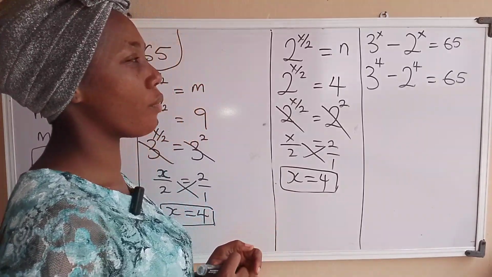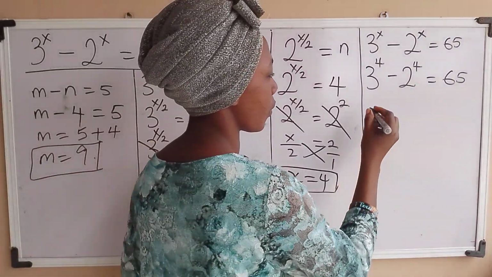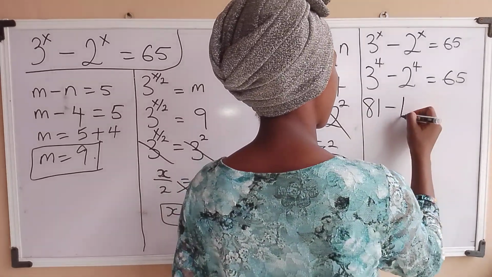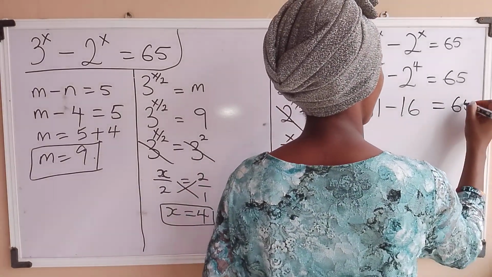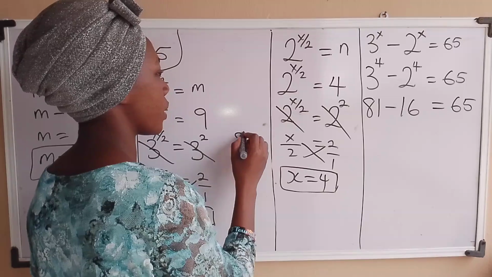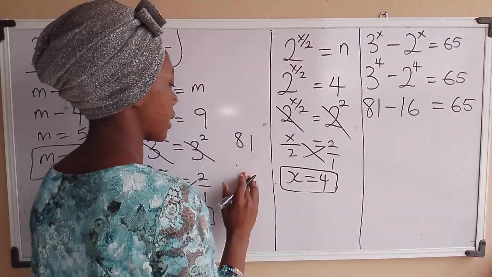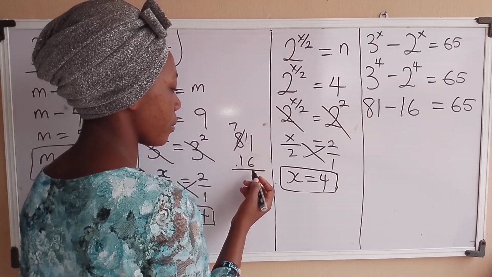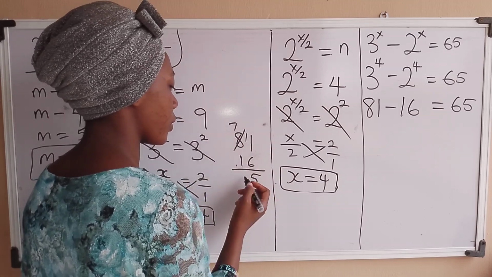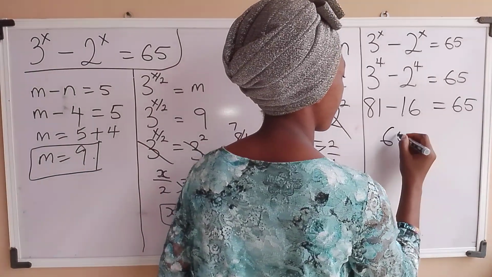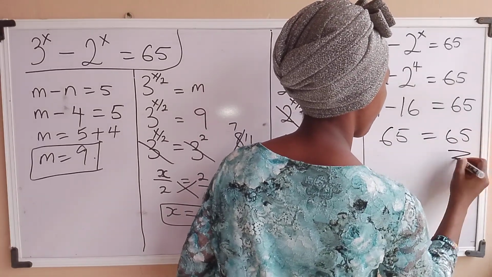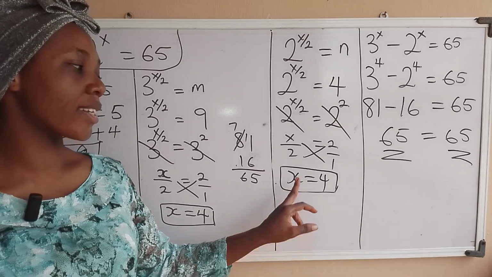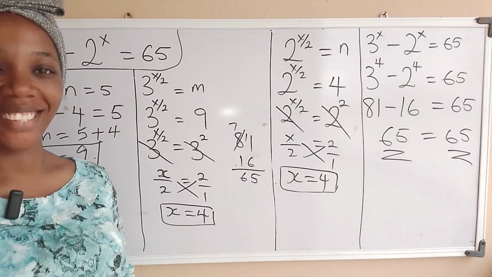What's 3 to the power of 4? That is 81. And what's 2 to the power of 4? That is 16. So when we subtract 81 minus 16, that gives us 65. 11 minus 6 is 5. 7 minus 1 is 6. So we have 65 equals 65. So the equation is balanced. Therefore, x is 4. Can you see how easy that one is?